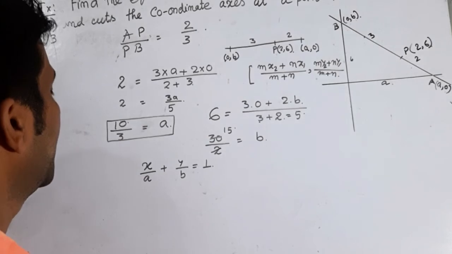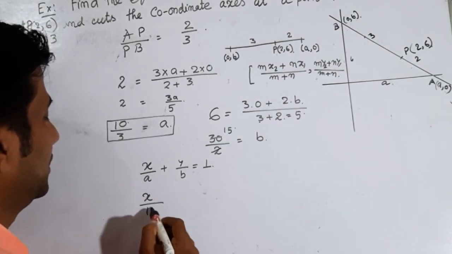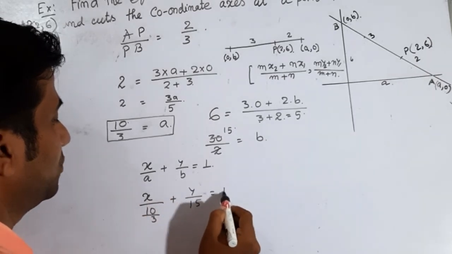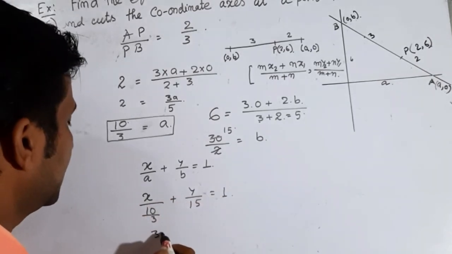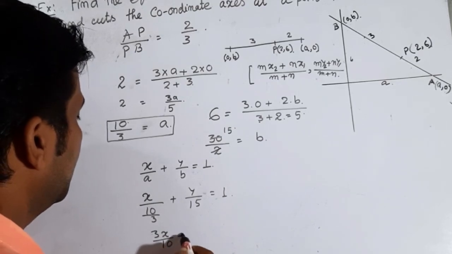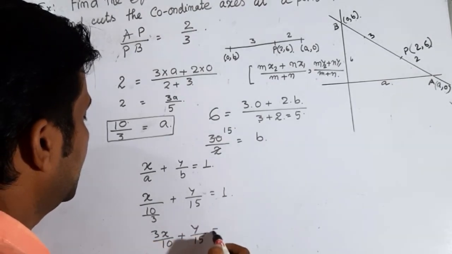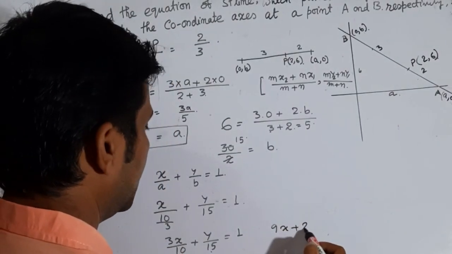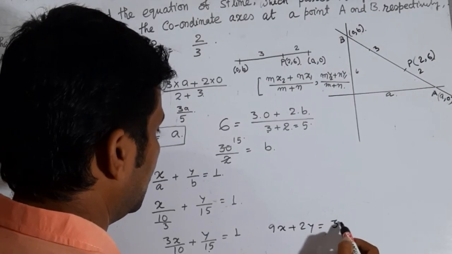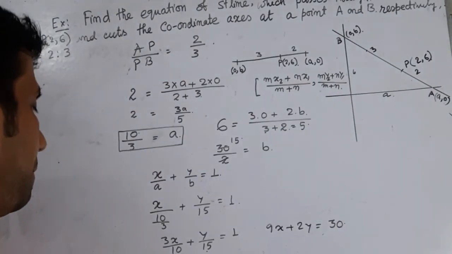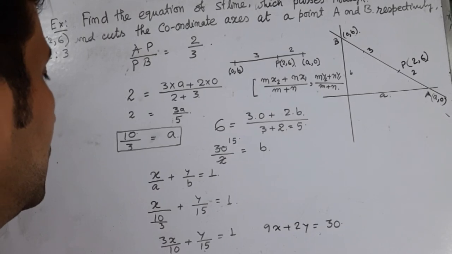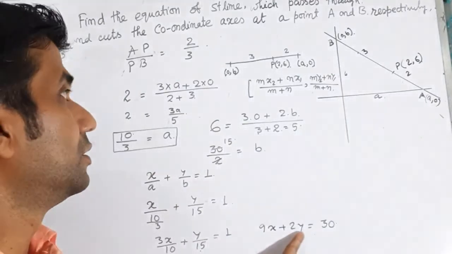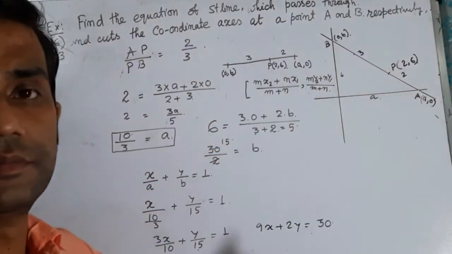From here we get x by 10 by 3 plus y by 15 is equal to 1, or 3x by 10 plus y by 15 is equal to 1, or 9x plus 2y is equal to 30. This is the equation of the straight line AB. Okay.